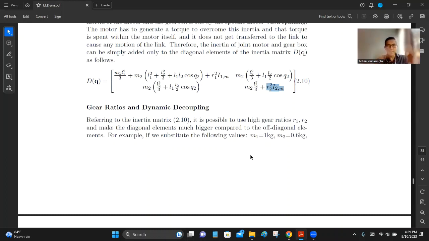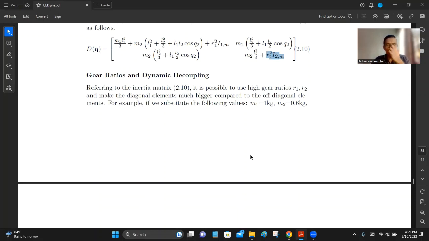You see off diagonal elements from link 1 to link 2 and vice versa, link 1 to link 3, 3 to 2, like that. They're coupled. So this coupled dynamics makes things a bit complicated. If you can decouple joint 1, joint 2, joint 3 separately, then it is relatively easy to deal with. You can only look at joint 1, joint 2, and forget about other things. Coupling can be neglected.